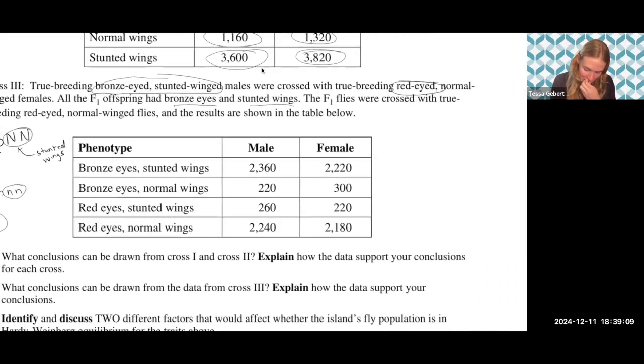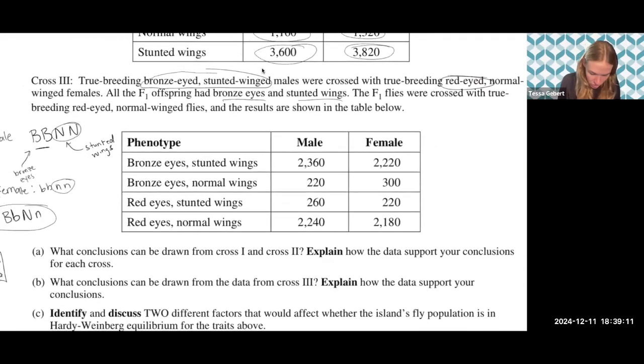Now these flies were crossed with true breeding red-eyed normal wings. So the F1, I'm going to draw the crosses over here. The F1s were big B, little b, big N, little n. And then red eyes is recessive, and normal wings is also recessive. So it's like crossing back with the mom. So that'd be this cross.